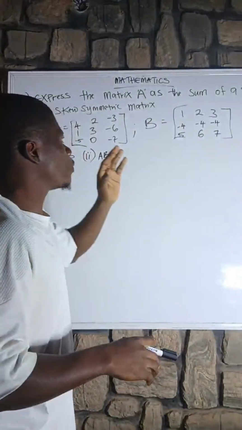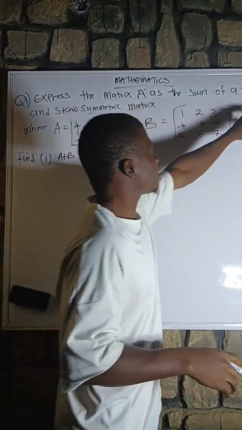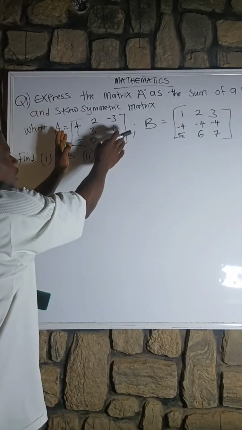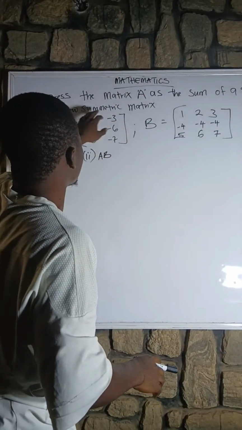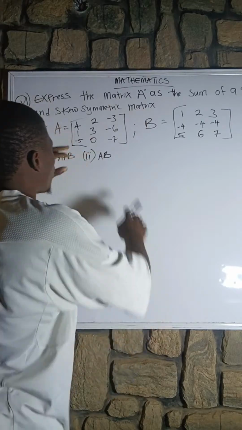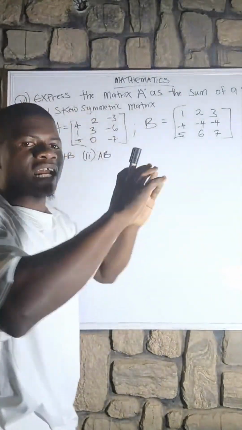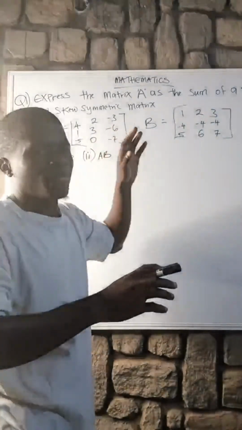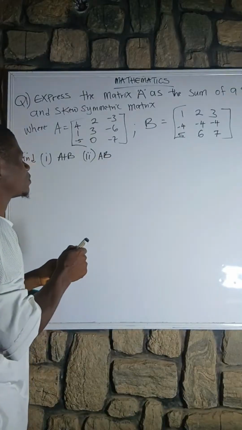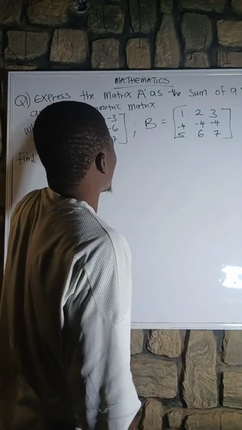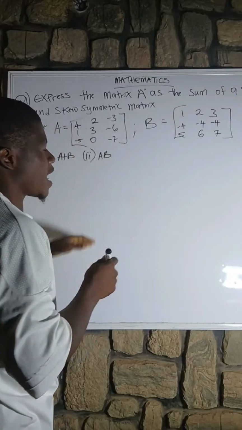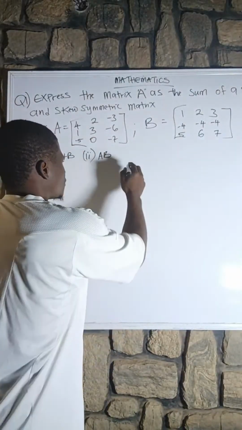So they are trying to tell you to find the symmetric matrix of matrix A. This is matrix A. And then you should also find the skew-symmetric matrix of the same matrix A, and after finding it, you should add them together. So, first of all, how are we going to find the symmetric and skew-symmetric? Let's write our solution.